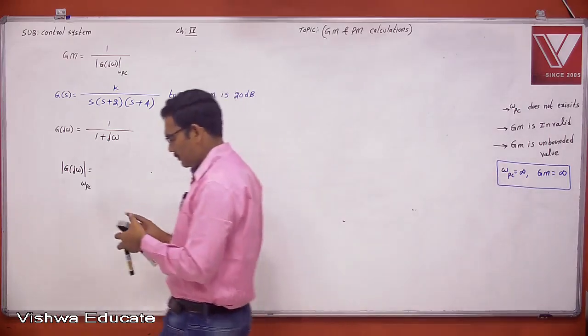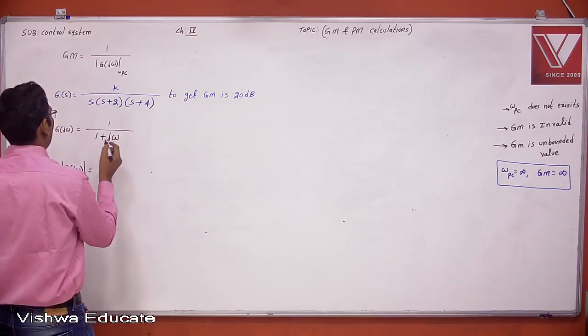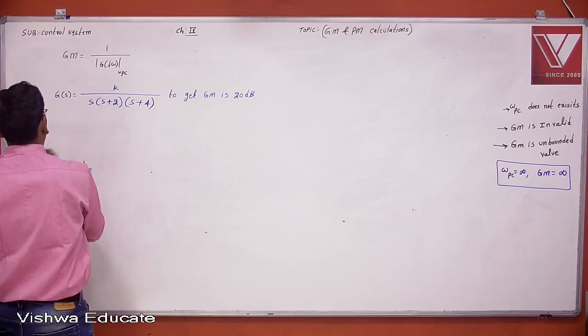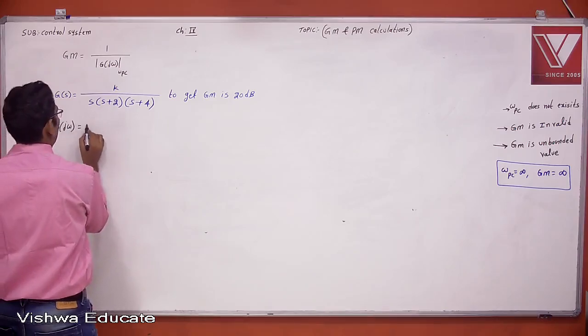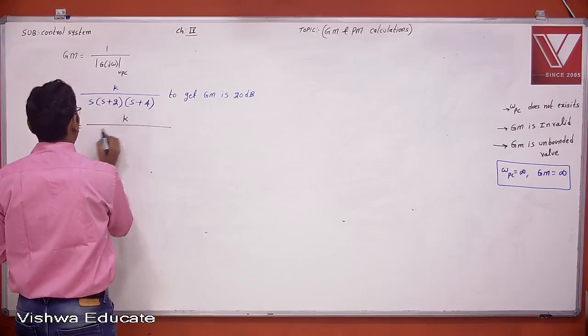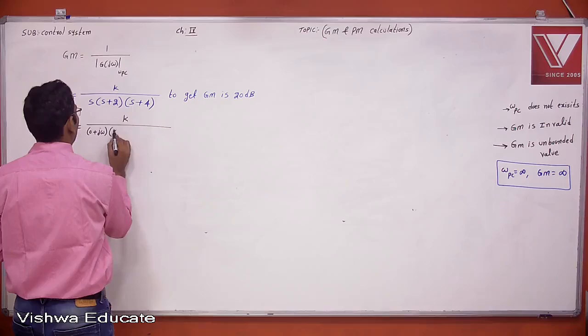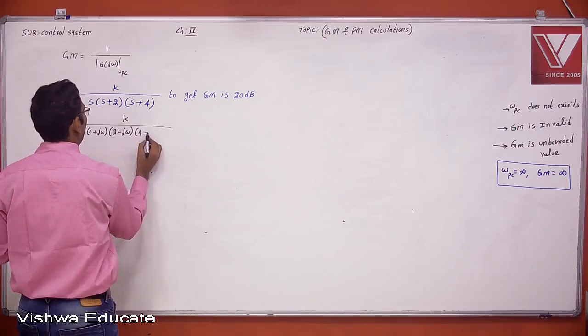Now see here, we'll do our normal procedure. Replace s equal to j omega. Now G of j omega is equal to K by (0 plus j omega) into (2 plus j omega) into (4 plus j omega).